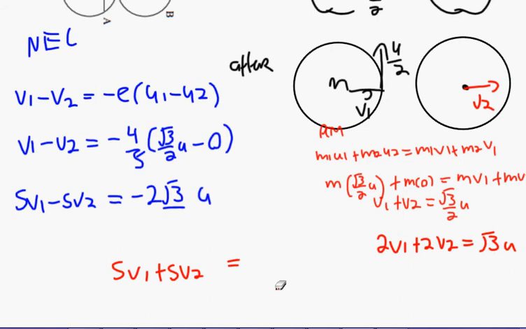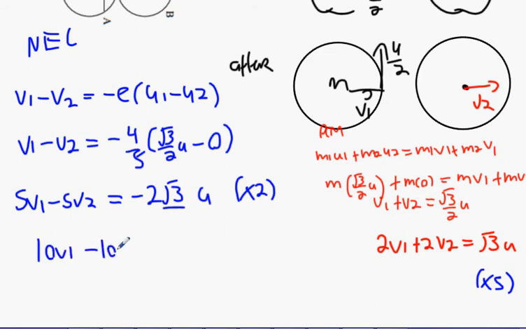The lowest common denominator between 5s and 2s is 10s. So we're going to multiply the blue equation by 2 and the red equation by 5. So we get 10V1 minus 10V2 equals minus 4 root 3 U. And the red one we get 10V1 plus 10V2 equals 5 root 3 U.